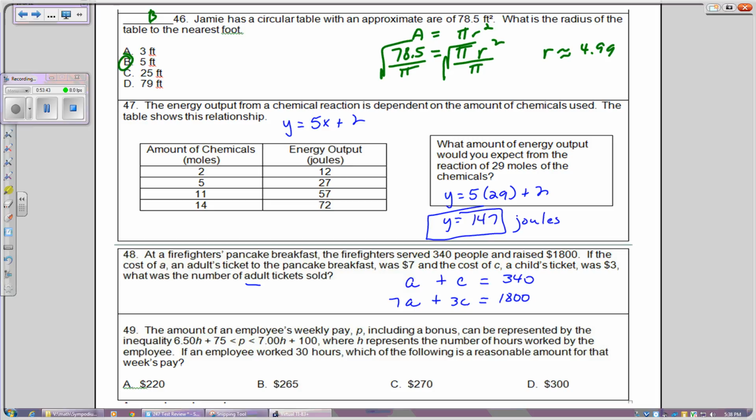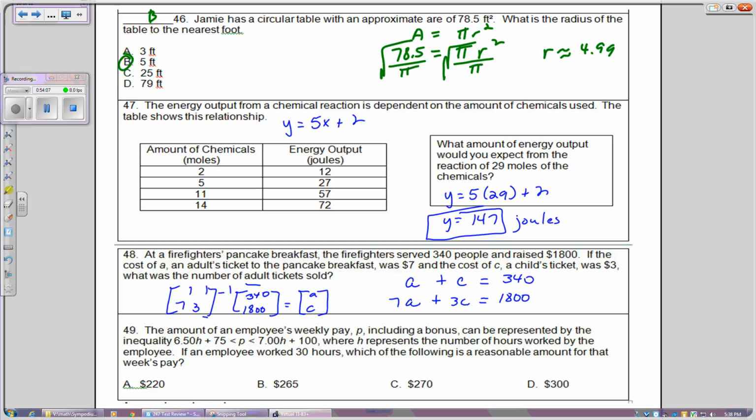So do matrices again. They would be 1, 1, 7, 3 for your coefficient matrix. We'll do the inverse of that one times the answer matrix, which is 340 and 1,800. And when you get your answer back, because we did them alphabetical, it'll be adults, children.